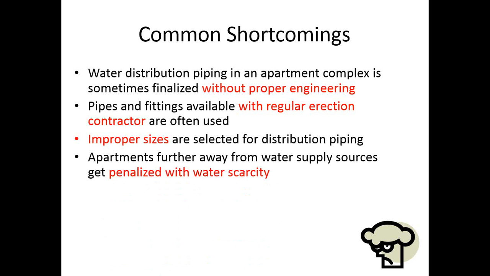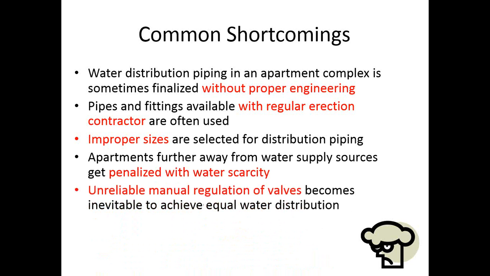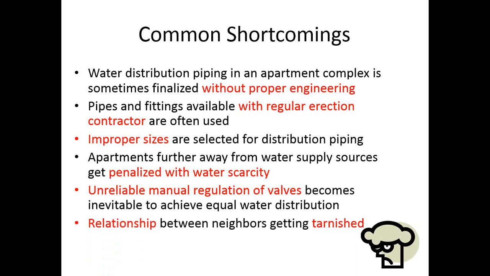As a result, apartments farther away from water supply sources get penalized with water scarcity. Unreliable manual regulation of valves becomes inevitable to achieve equal water distribution. All these result in the relationship between neighbors getting tarnished.